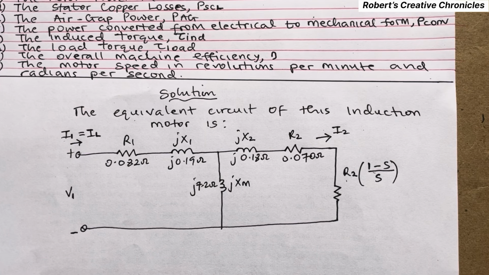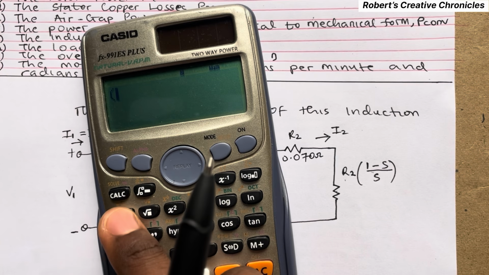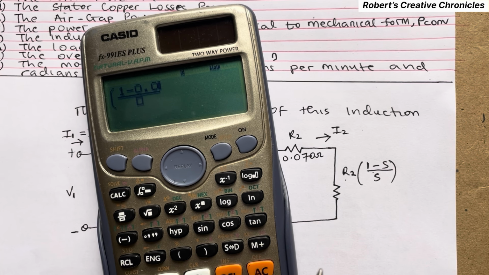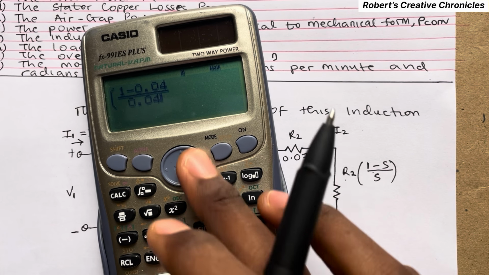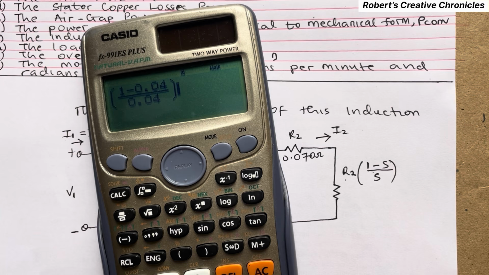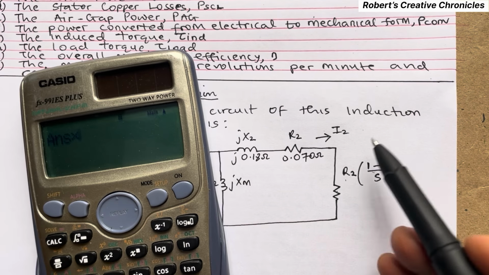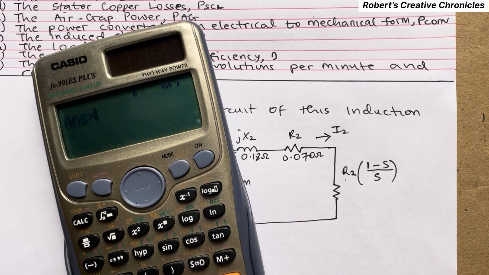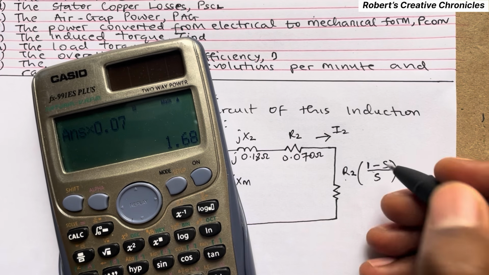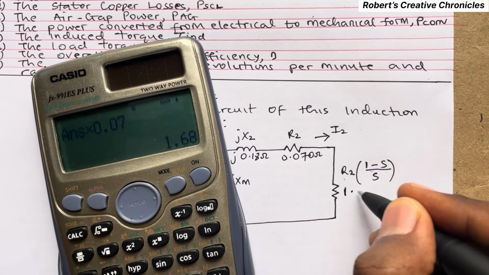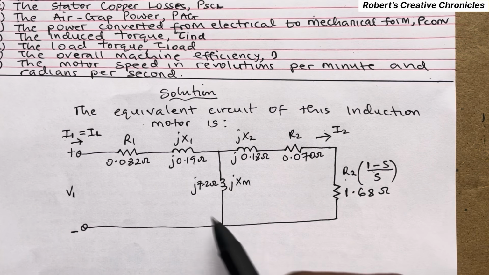So (1 minus 0.04) over 0.04 is 24. So 24 multiplied by R2, which is 0.07, is 1.68. So here is 1.68 ohms. So now we have labeled all the parameters in this circuit.